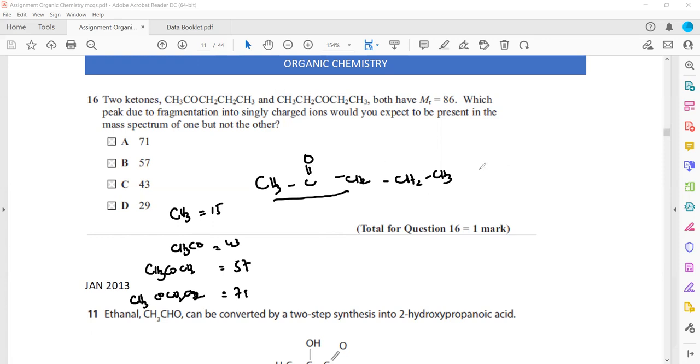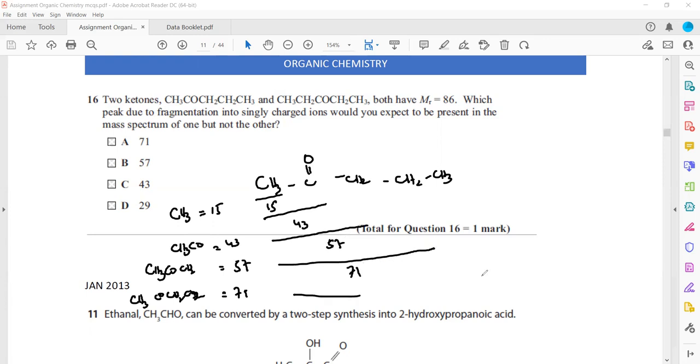Now we break from right to left. The short way, if you want to do it, is on the same part. There will be a peak at 15, 43, 57, 71 and 86. And then from the other side, there will be a peak at 15, then 15 plus 14, so 29.